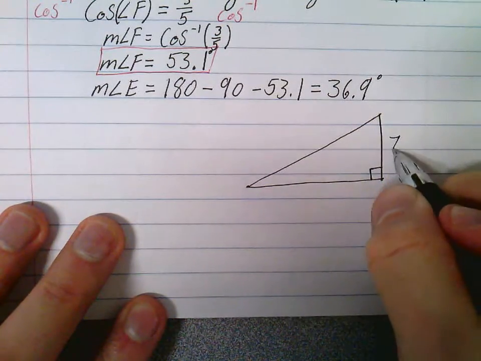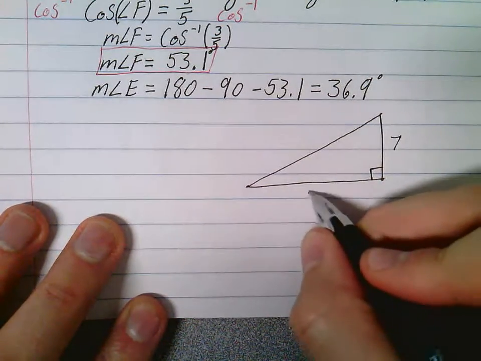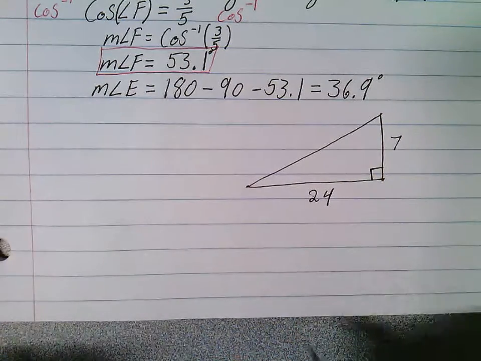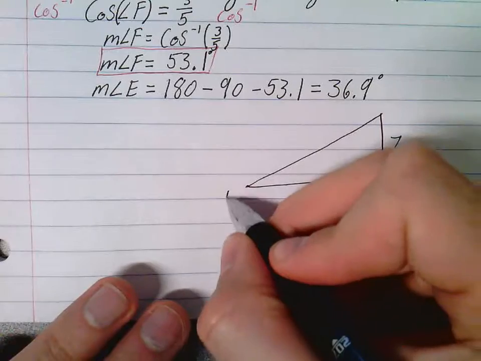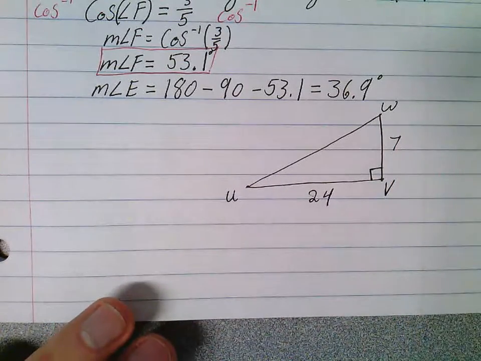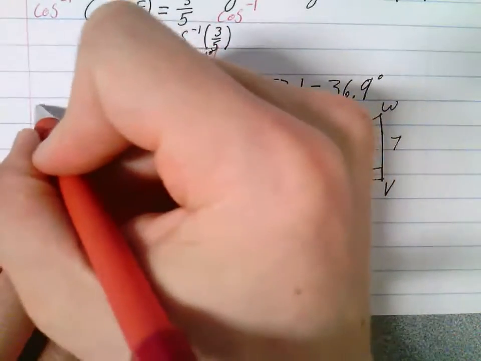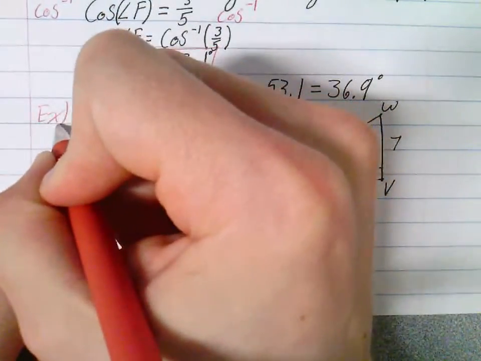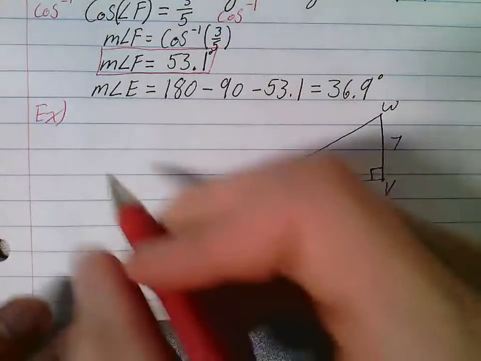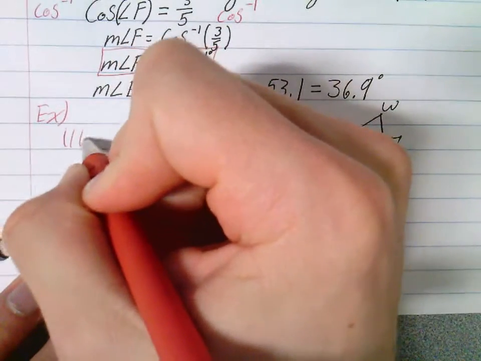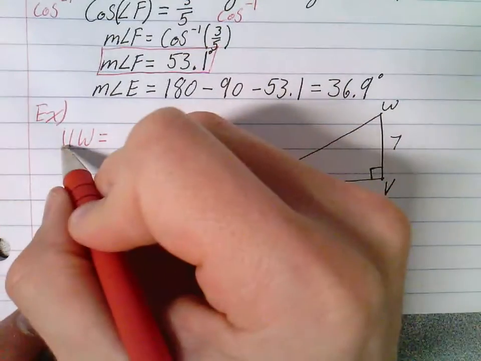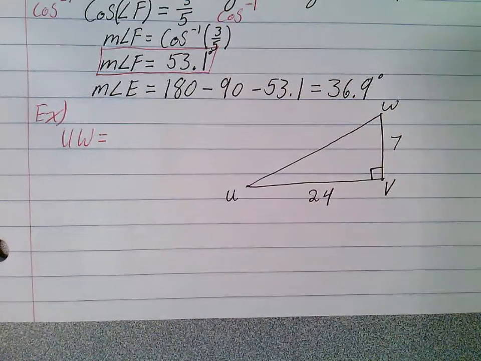This is 7, and this is 24. Let's call it UBW. I'm looking for UW. That's the one I want first. What do I use to find that side length?